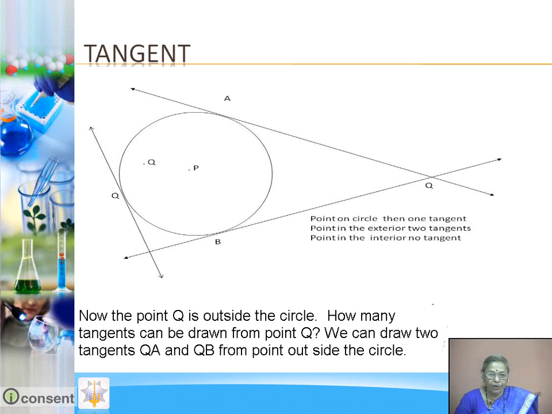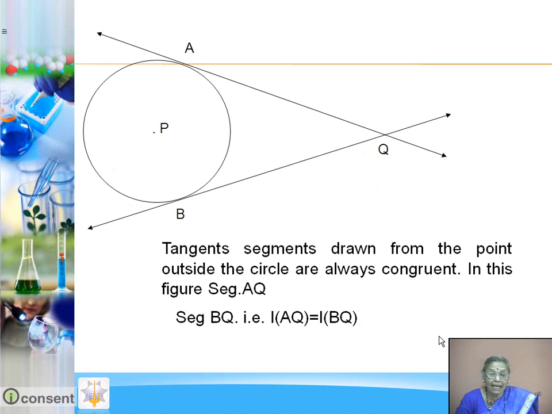In this diagram, QA and QB are two tangents drawn to the given circle. Here, if you measure the lengths of the line segments, remember that you have to measure the distance of the tangent segments.